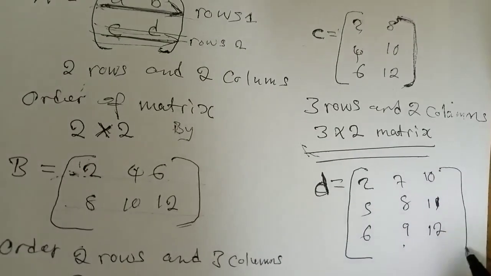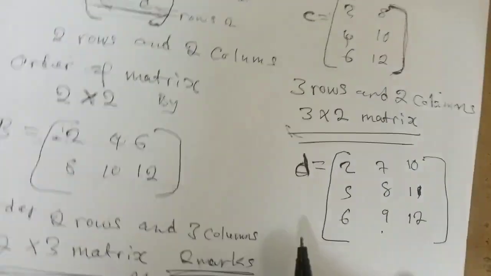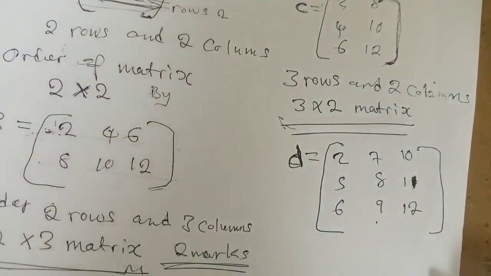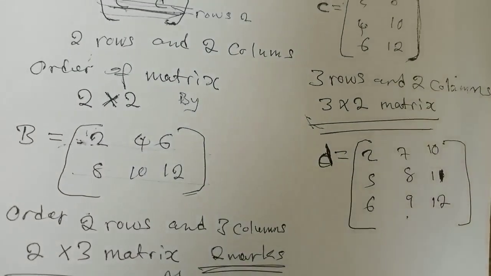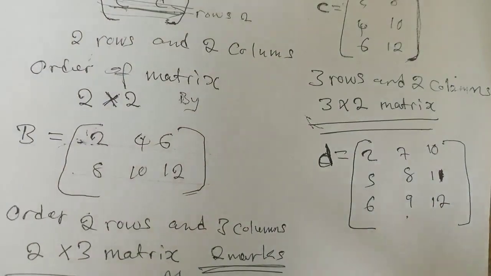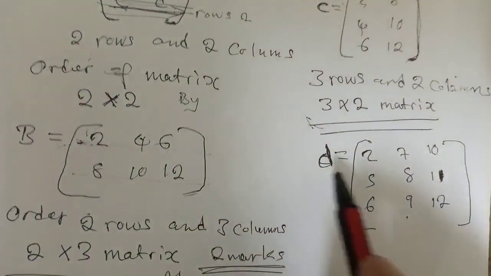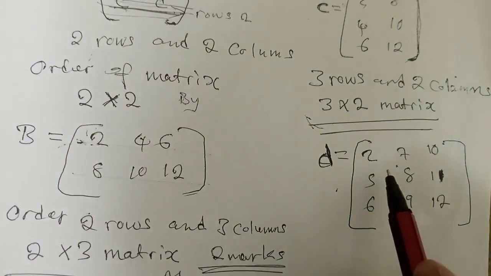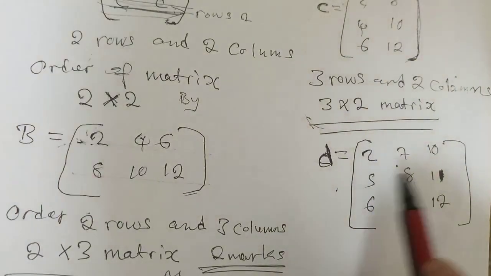Sometimes you may find you are given bigger matrices with a lot of numbers. So these numbers inside the matrix are called entries or elements.